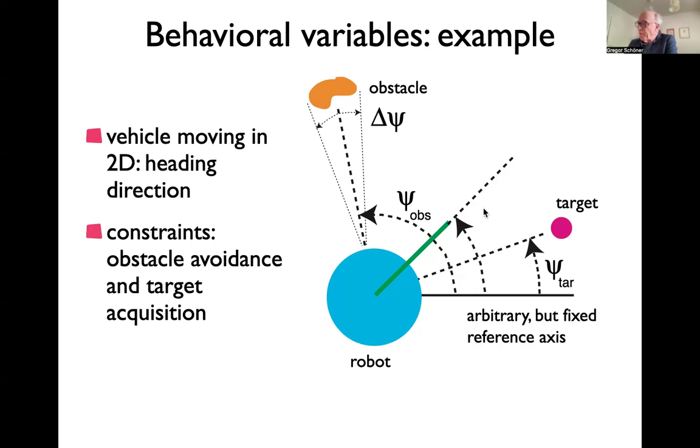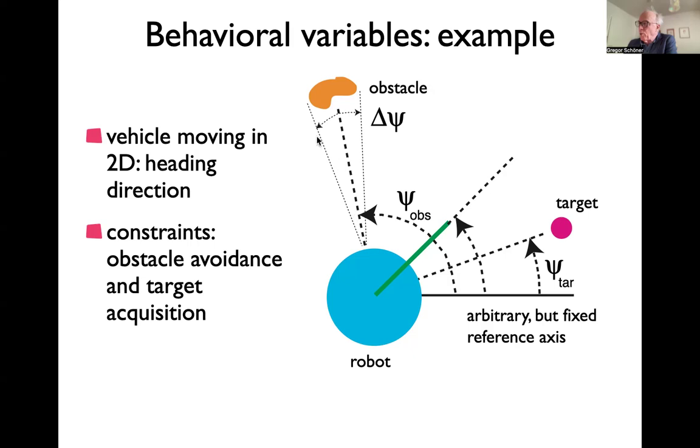And then all the other information, like the information about directions to a target and directions to an obstacle, is in that same reference frame. So you could say they constrain the variable. So you could say the target is a desired value or prescribed value for the behavioral variable, like a set point in control theory, while the obstacle angle is an undesirable value that was then modeled as a repeller.